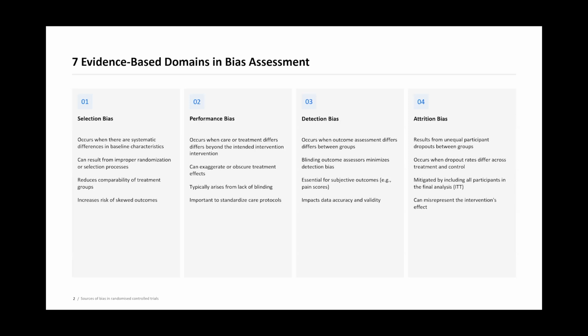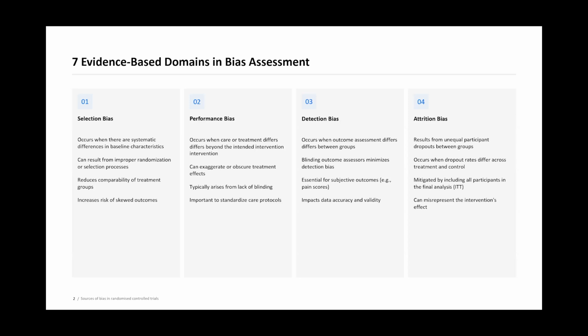This can happen if the randomization method is not truly random or not properly implemented, or if the participants influence the assignment process. For example, if healthier individuals are more likely to be placed in the treatment group, the result could falsely suggest that the treatment is effective.